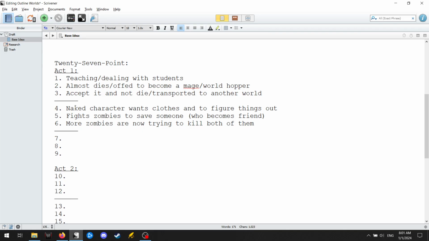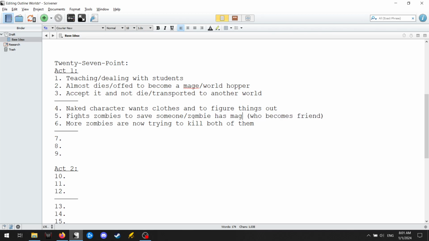So now I've set up this next block. The character comes into the next world. None of his clothes remain. None of his possessions that he had are on him anymore. And he's naked in a brand new world trying to figure out what he's got to do. So he gets some clothes, sees a zombie nearly killing someone, and has to fight the zombie to save that person.